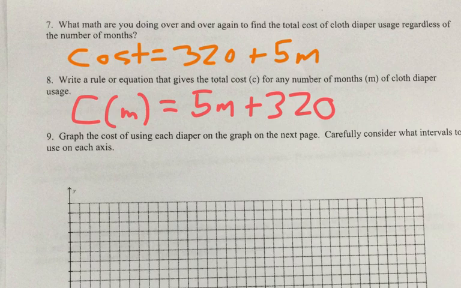9, graph the cost of using each type of diaper on the graph on the next page. Carefully consider what intervals to use on each axis. All right, let's label our graph first. My independent variable, my x-axis, represents what in this case?